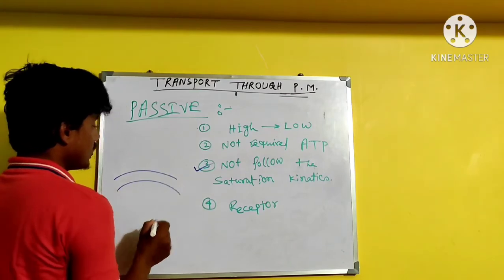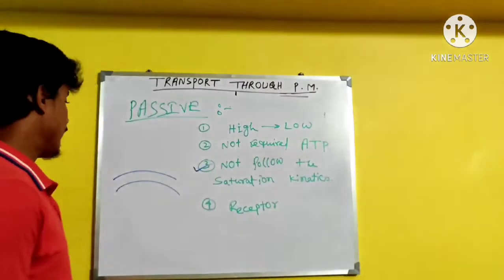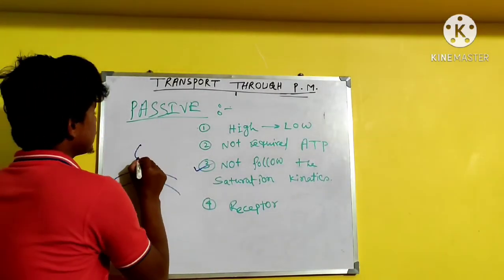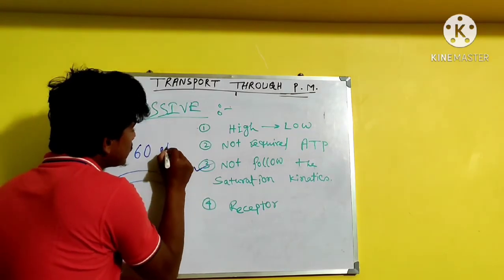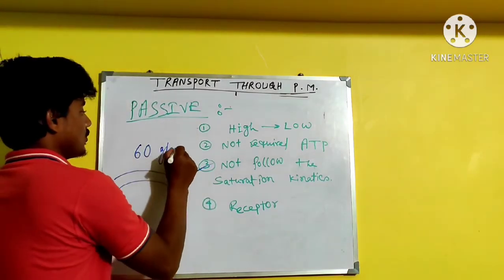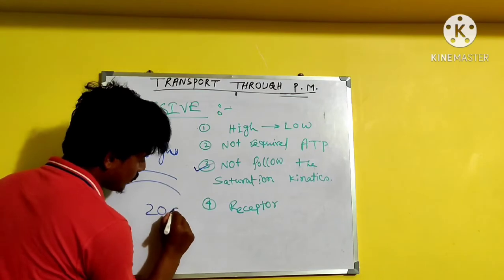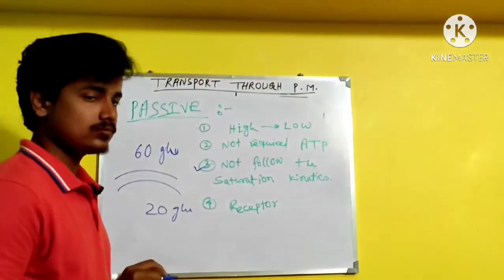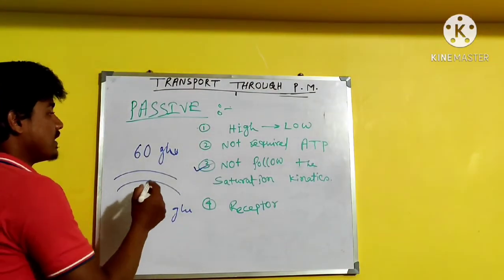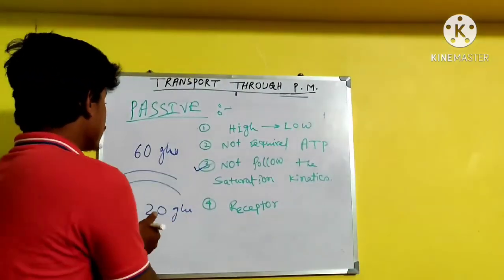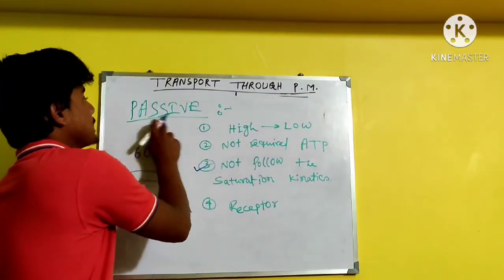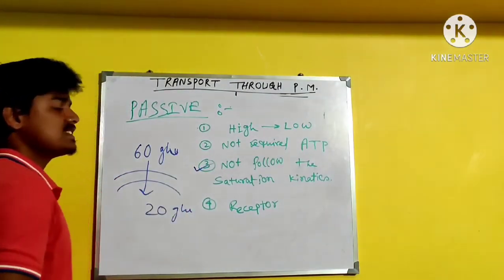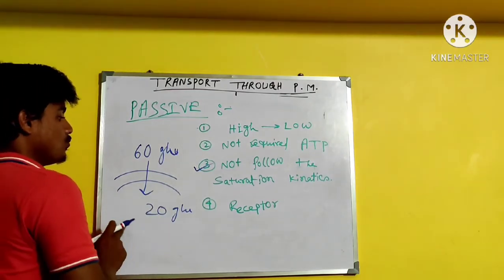If we think this is the inside of a cell and the outside of a cell, there are 60 atoms of glucose on one side and 20 atoms of glucose on the other. What will happen? Movement from high concentration to low concentration is known as passive transport, so 60 to 20 movement will occur.